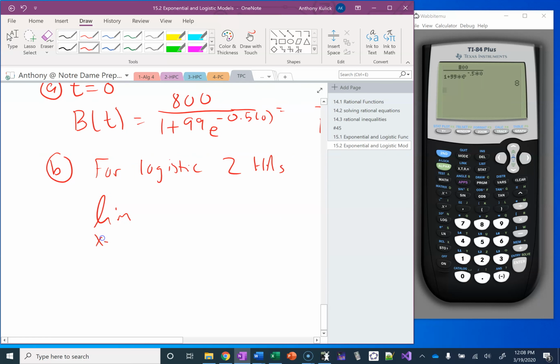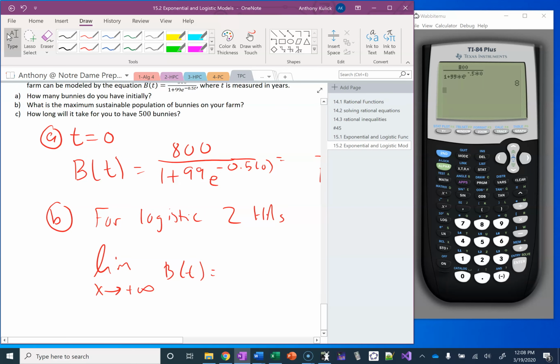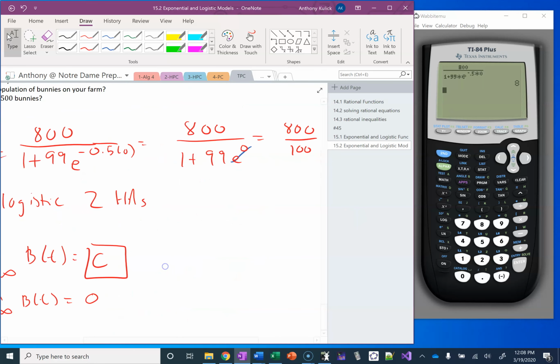The limit as t approaches positive infinity of B of t is going to be c, and the limit as t approaches negative infinity of B of t is going to be 0. So this is going to be the upper bound for it.